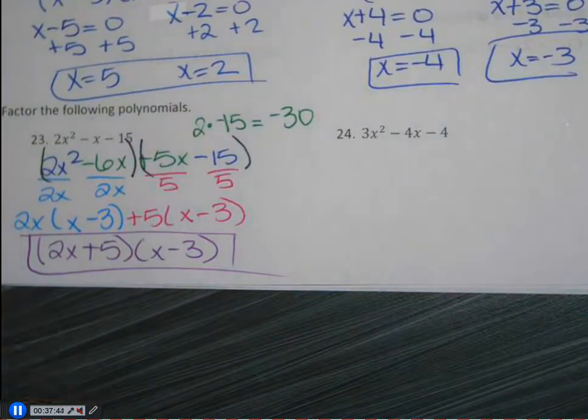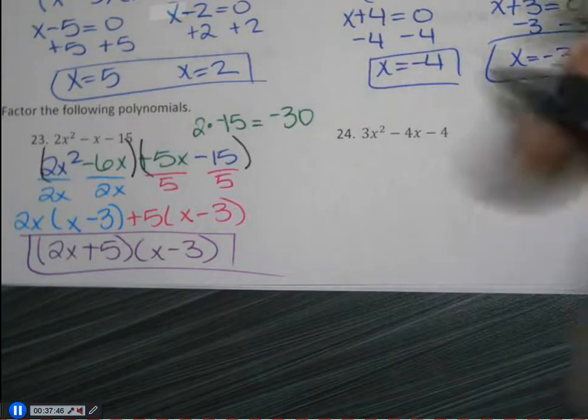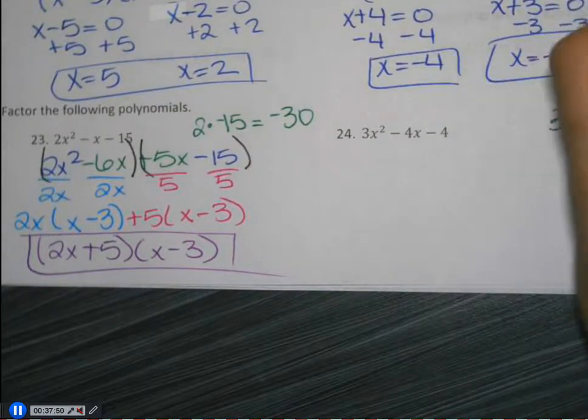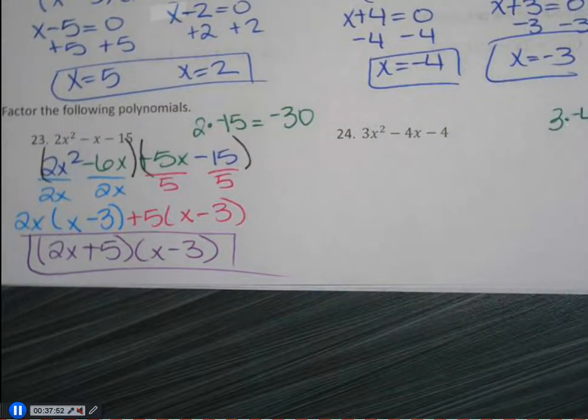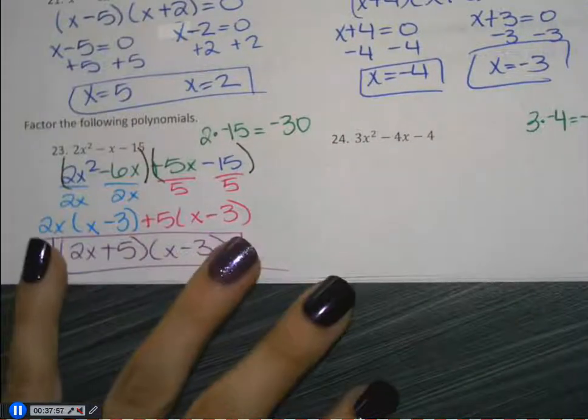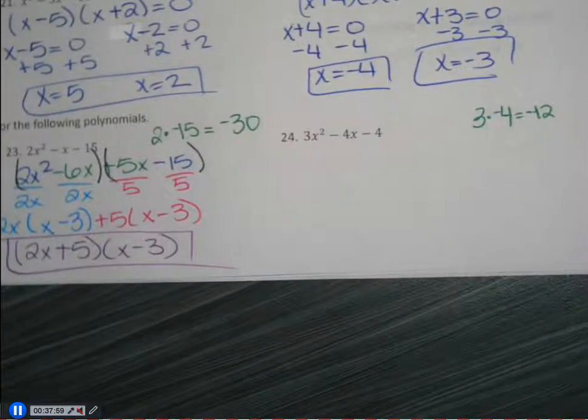Okay, so on 24, what is 3 times negative 4? Okay. What multiplies to negative 12 that adds up to negative 4? Negative 6 and positive 2.